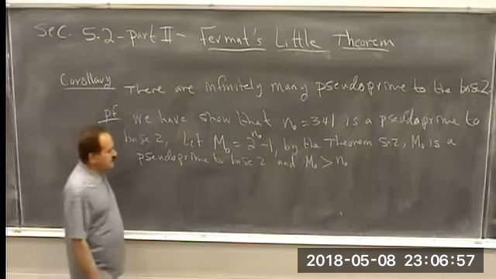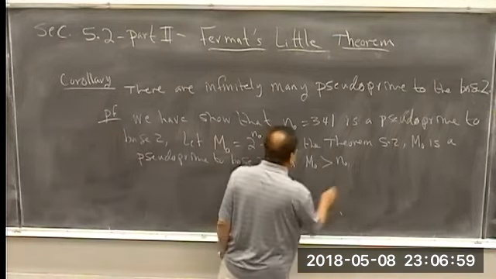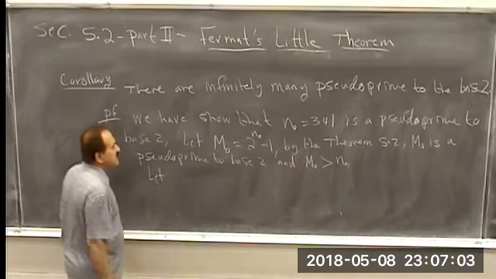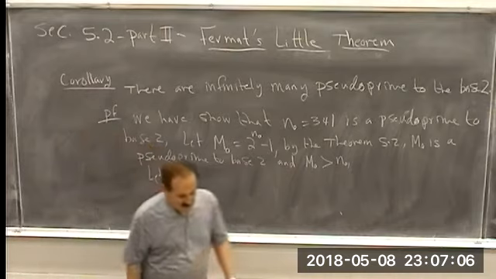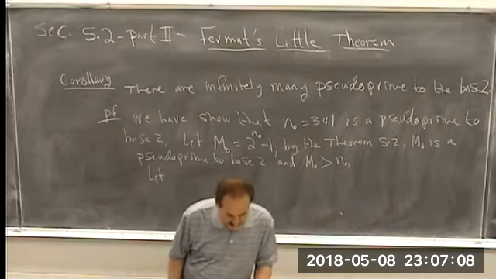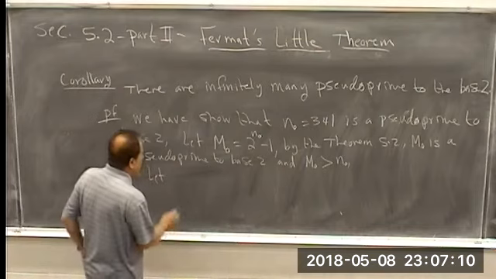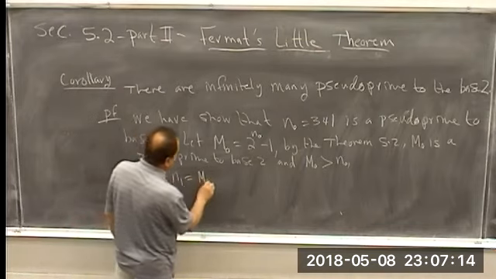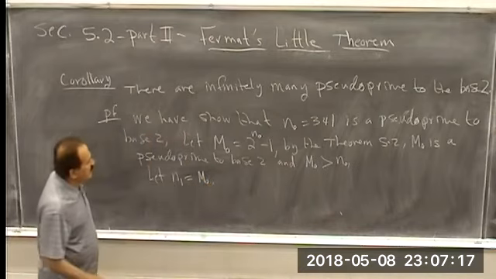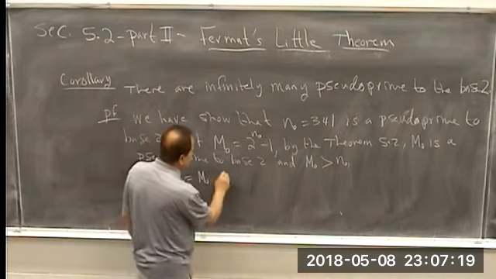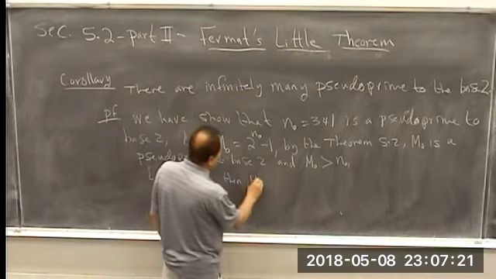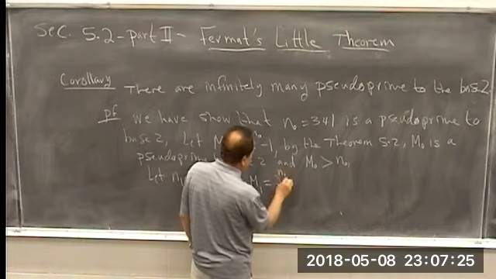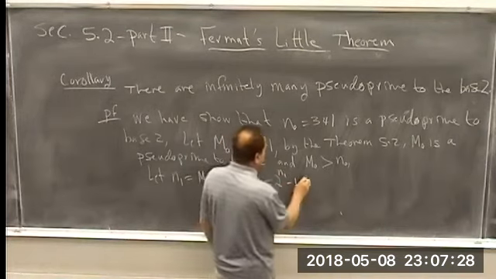Now we use this notation in here: let n sub 1 equal m sub 0. Then m sub 1, which is equal to 2 to the n sub 1 minus 1, is also a pseudoprime.